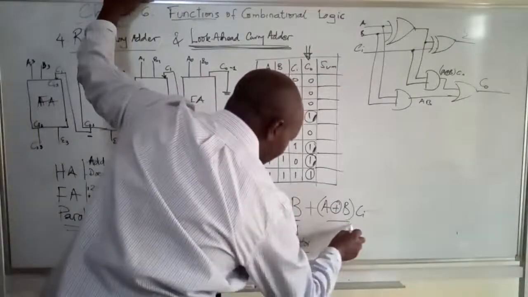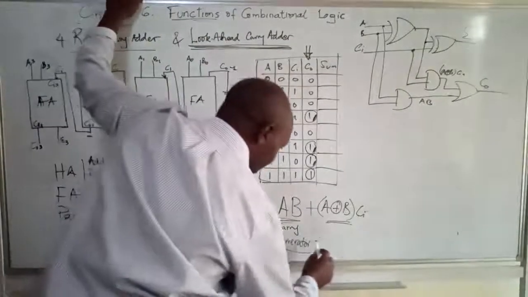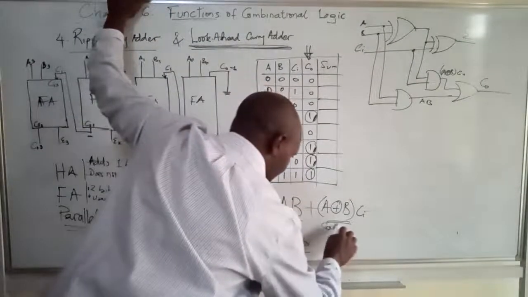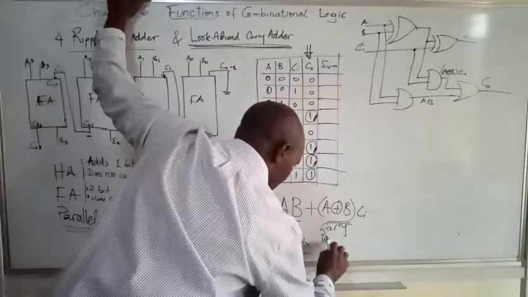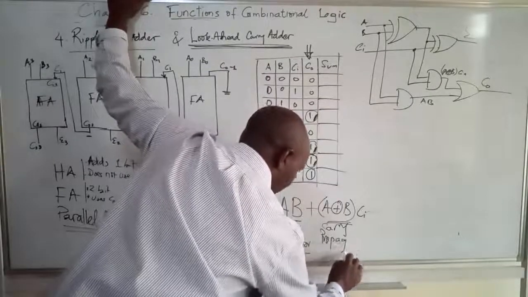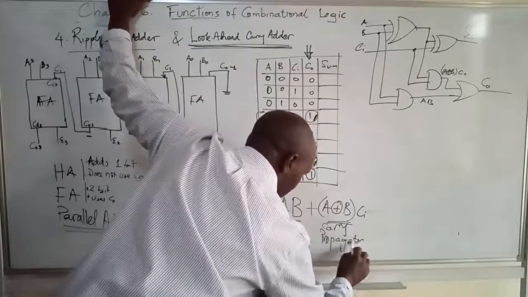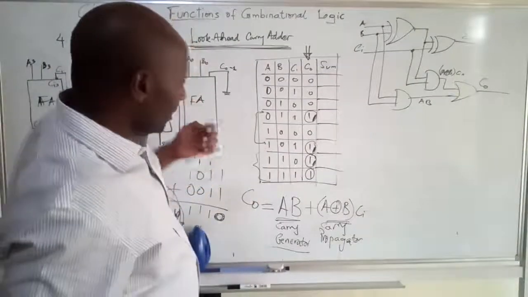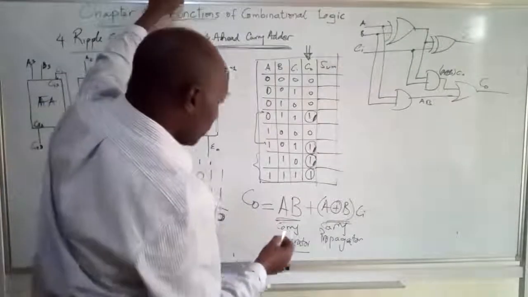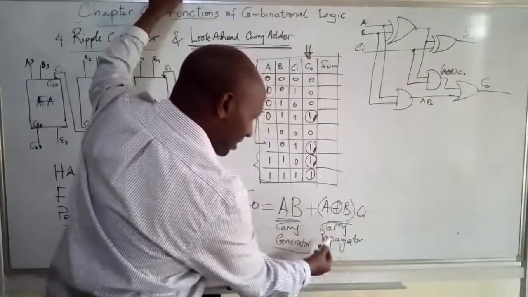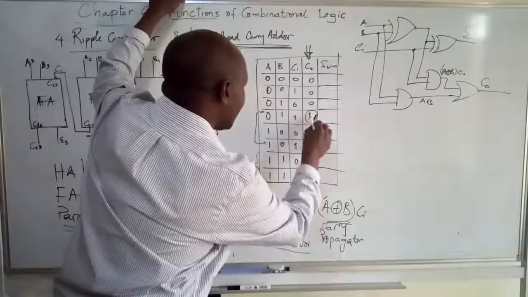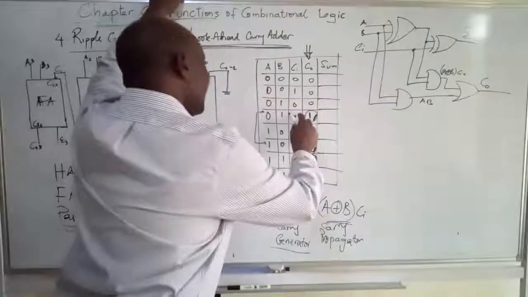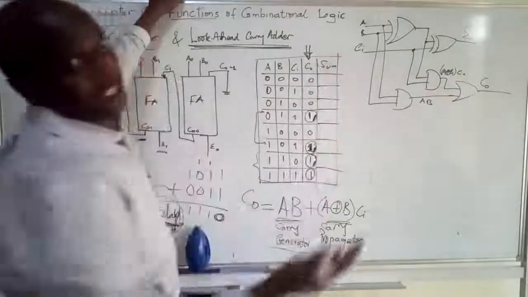Now this one will be called carry propagator. Why is it called a carry propagator? Because we have a carry, the carry 1 is there when C in is involved.